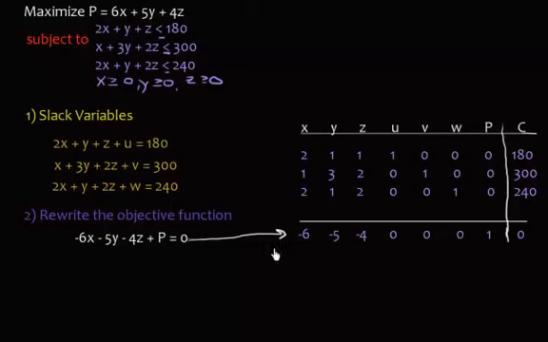So I guess step 3 would be to find the most negative entry in our last row, which would be the negative 6. So this is going to be our pivot column. We now have to figure out what our pivot row is.